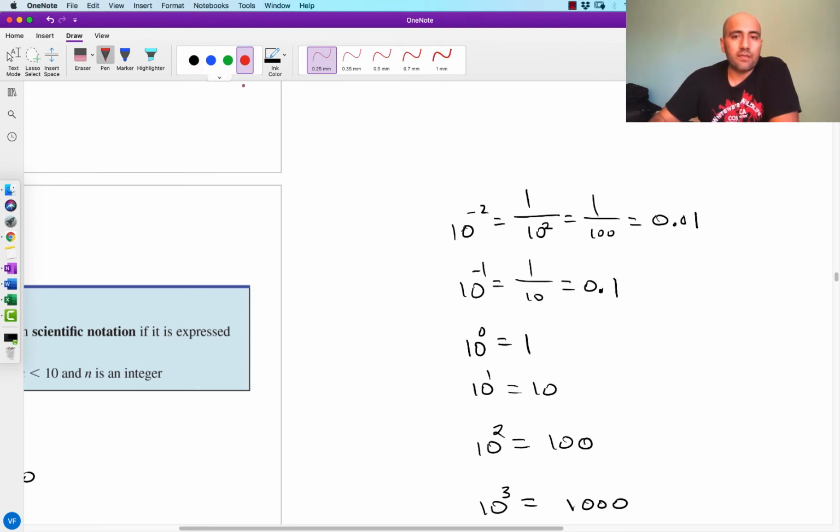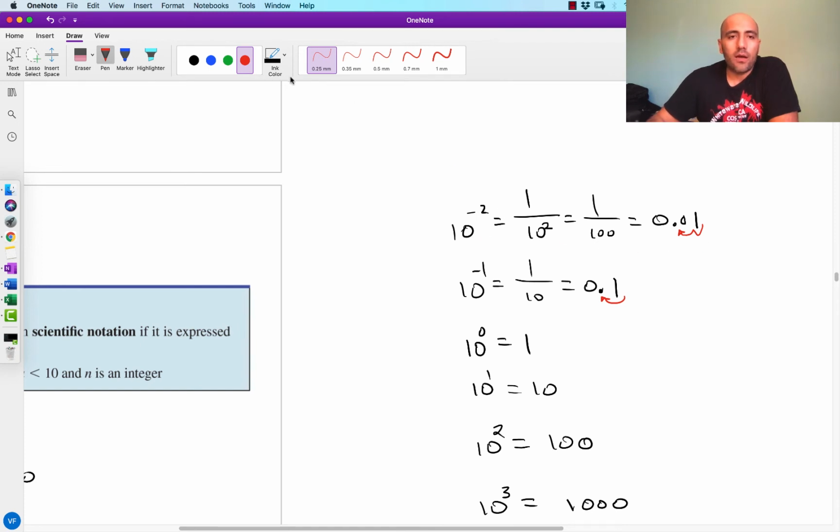Okay, so we start to see a little pattern there as well. If we take a 1 and we move it to the left by 1 space, we get this minus 1. And if we take the 1 and we move it over 1, 2 spaces, that matches up with that one.